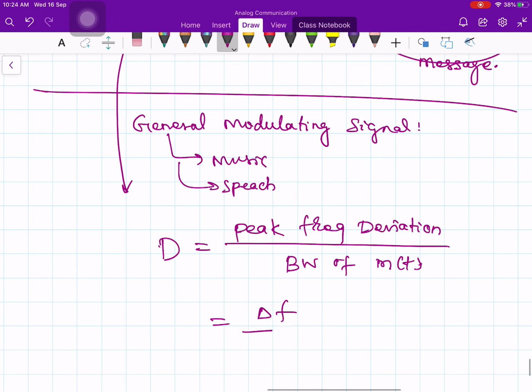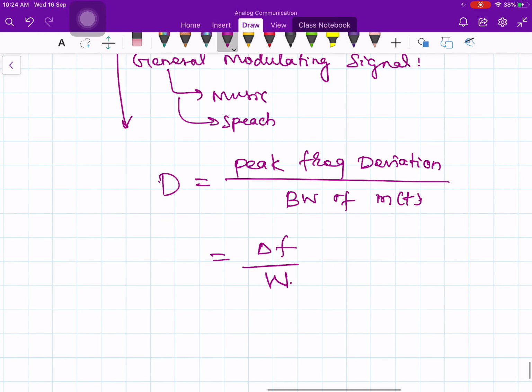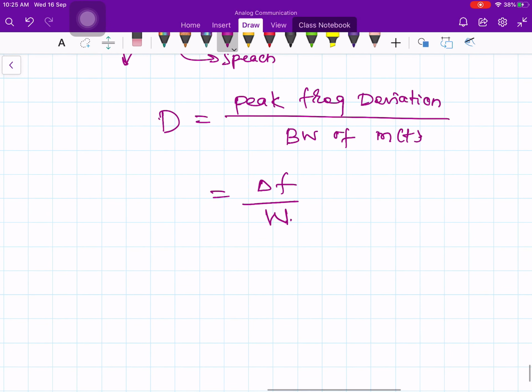Let us say the bandwidth is capital W, because m(t) now is a general signal, not a sinusoidal signal. The only way you can characterize it is its bandwidth. So let me call D as delta f by capital W, where delta f is the peak frequency deviation of the FM signal or PM signal, and W is the bandwidth of the message signal.